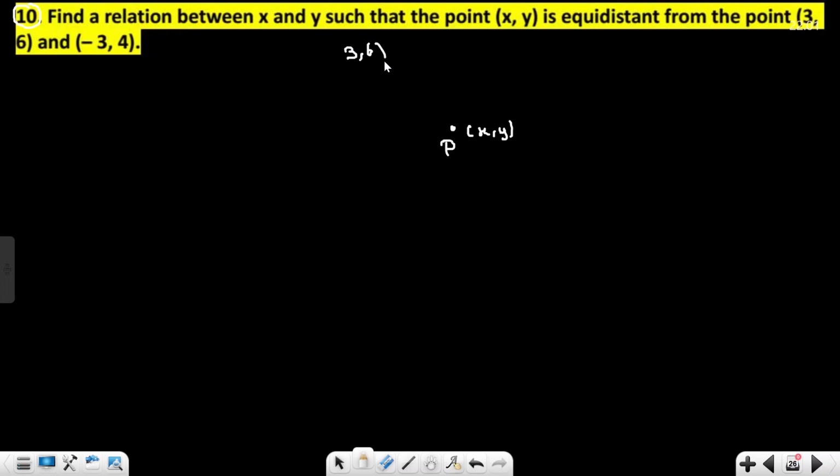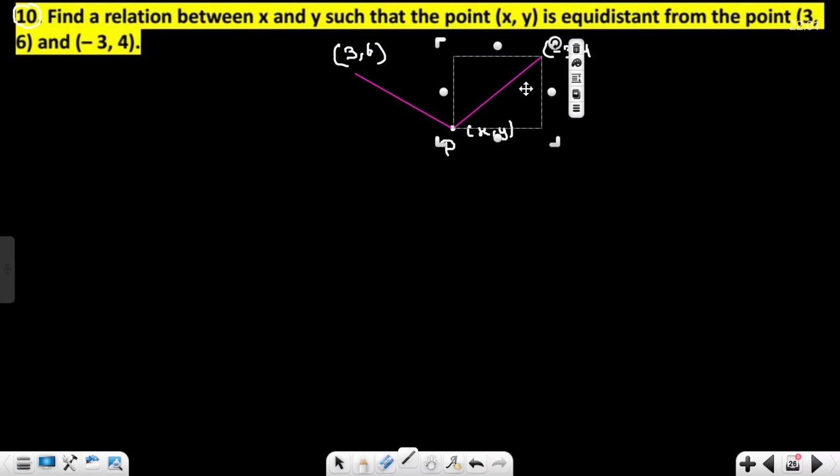We write here 3, 6 in a rough diagram, and another point is -3 and 4. Okay, this point is equidistant from here to here. The condition is that equidistant means both distances are equal. Give here any names, A and B, 2 points.